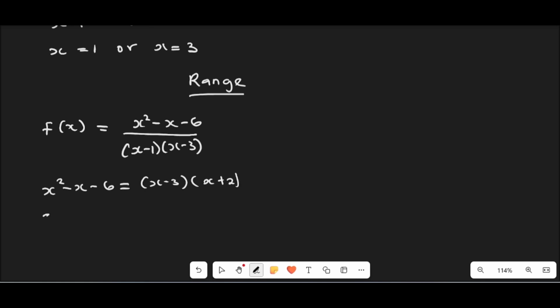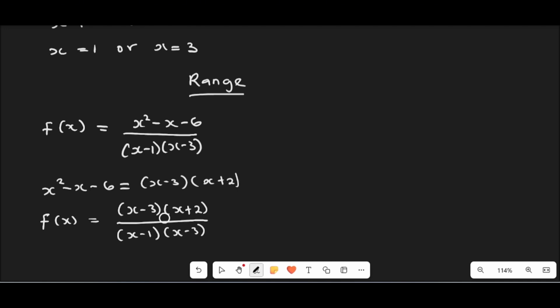So our function will be equal to (x minus 3)(x plus 2) all over (x minus 1)(x minus 3), and x minus 3 cancels x minus 3.